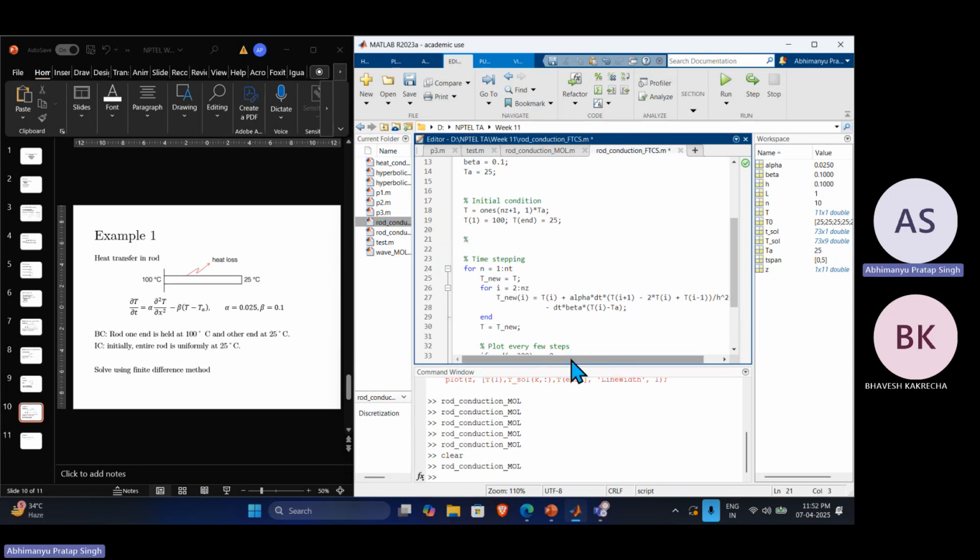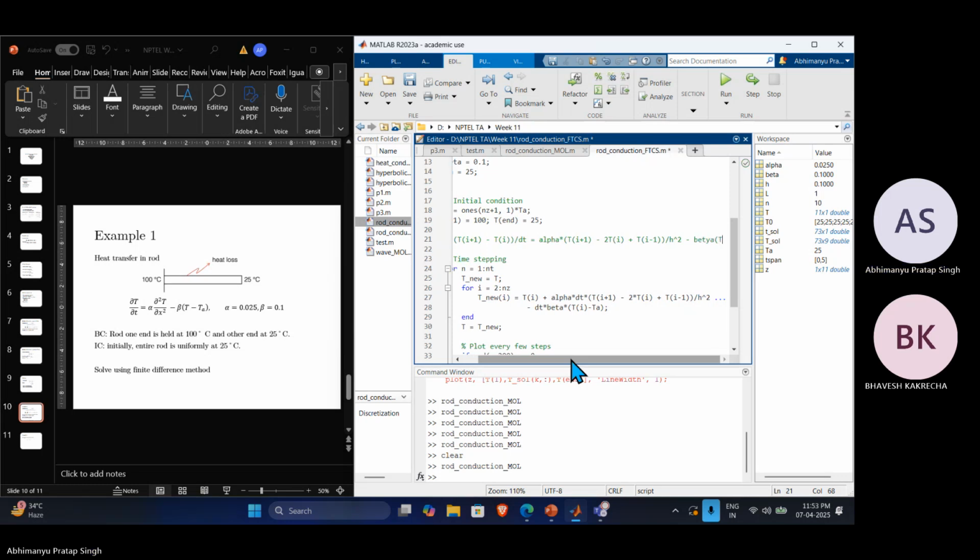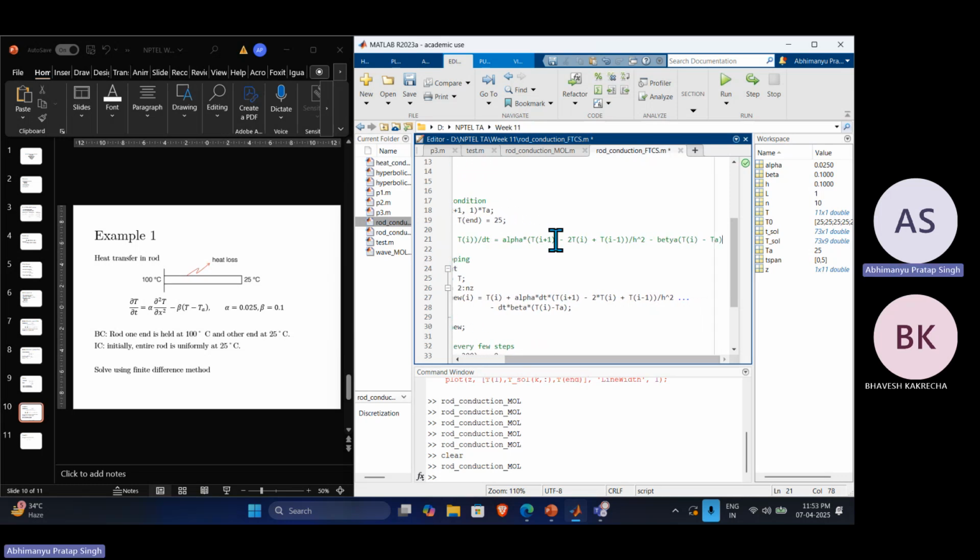It becomes dT_i divided by dt is equal to alpha multiplied by, for this I am using central difference, so I will be getting T_i+1 minus 2 T_i plus T_i-1, divided by h square, and then minus the rest is the same, beta (T_i minus T_a).